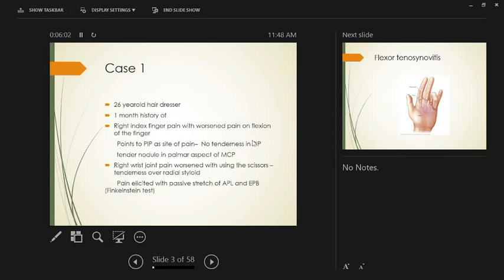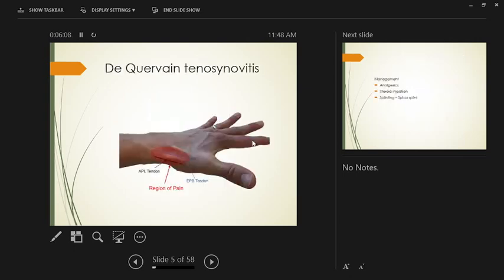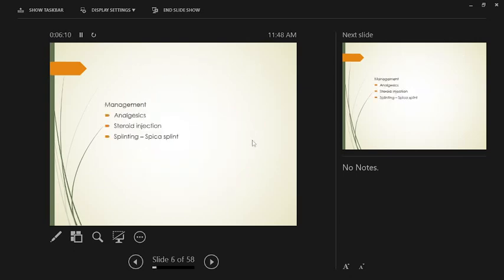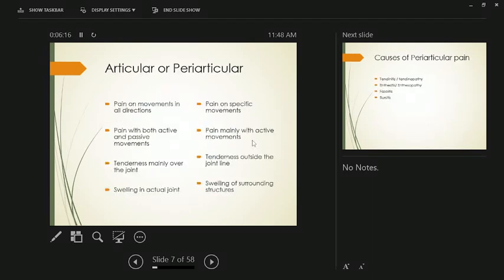So if you hadn't examined this patient properly, you would think it's arthritis involving the joints. But here it is actually flexor tenosynovitis and De Quervain's tenosynovitis. So the management here is very simple. You give analgesics, a steroid injection, and maybe splinting.